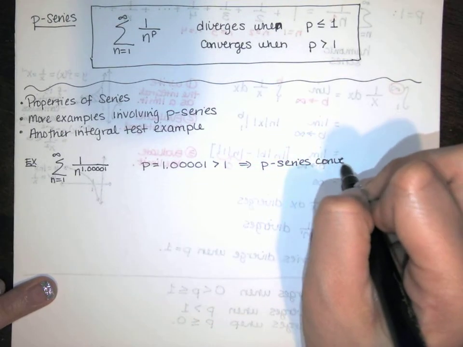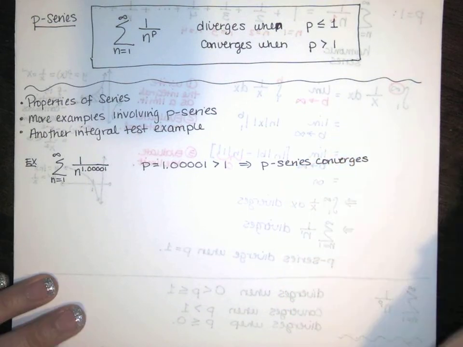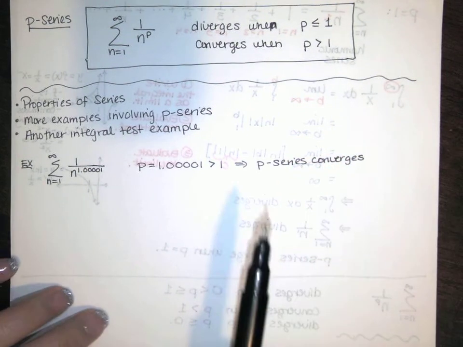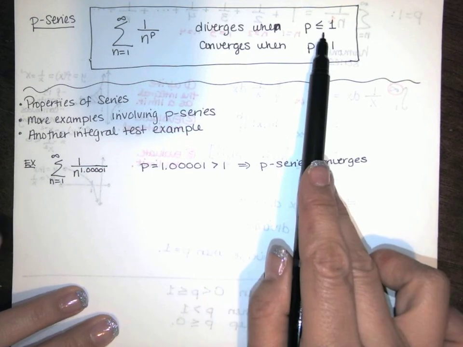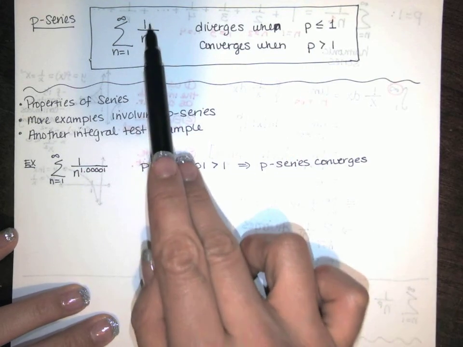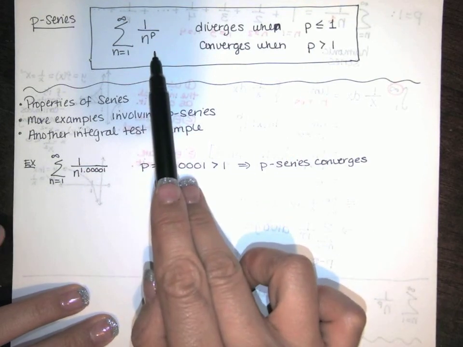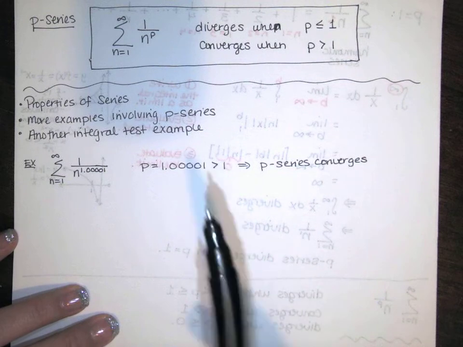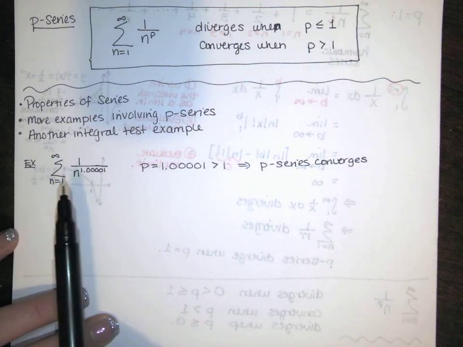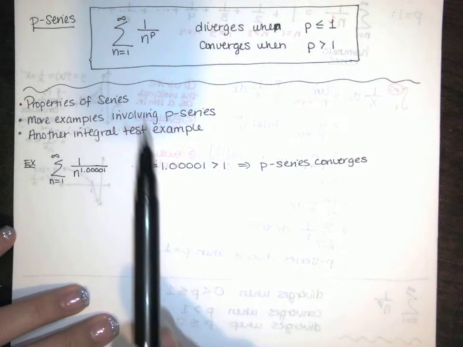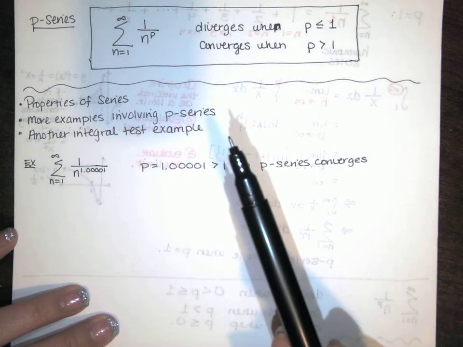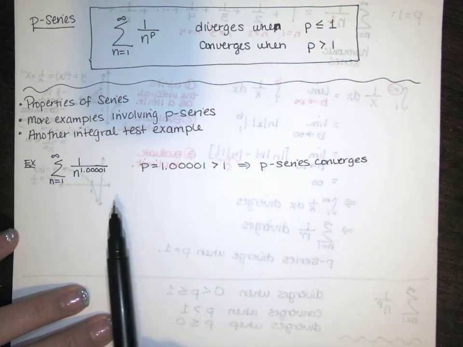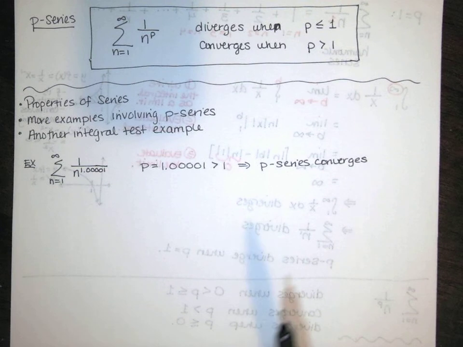And I love that. I think it's really cool. Remember how we showed that this diverged when p equaled 1? When p equaled 1, we had 1 over x in our integral, and we took the antiderivative to get the natural log of x. And then because of that natural log of x, when we plugged in b, and then took the limit as b went to infinity, we got natural log of something really large. The whole thing went to infinity.